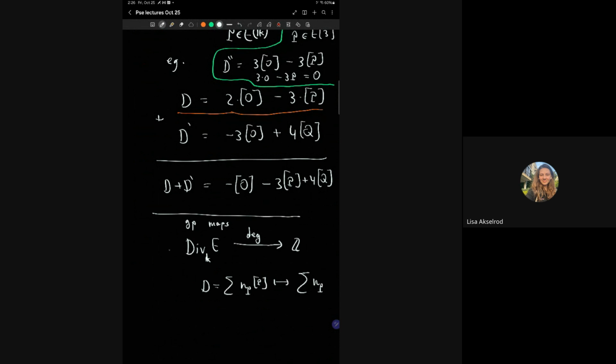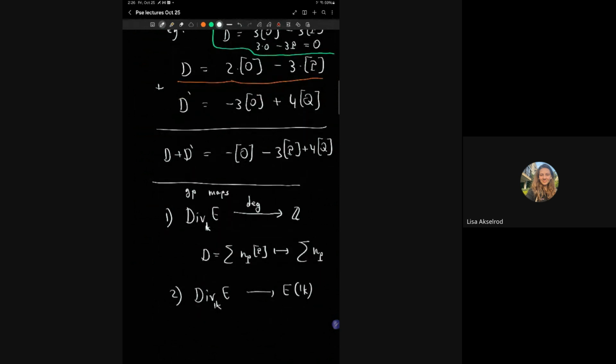In fact, I have two group maps. One is from the divisors of E over K into the integers, and two, from the divisors of E over K into the elliptic curve group. And this I call sum.